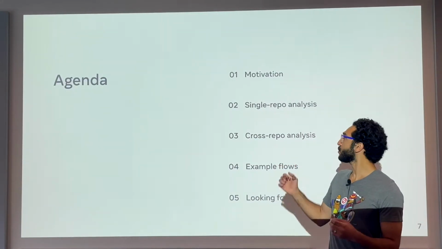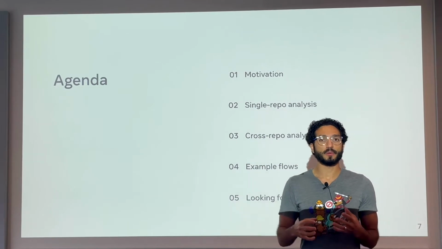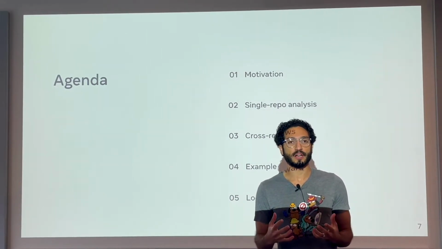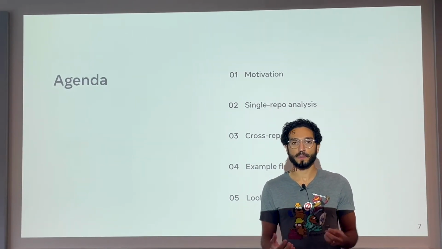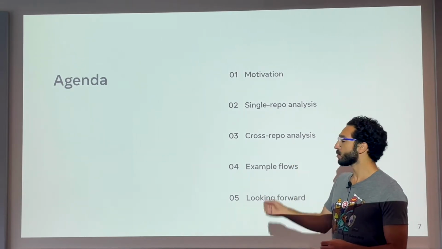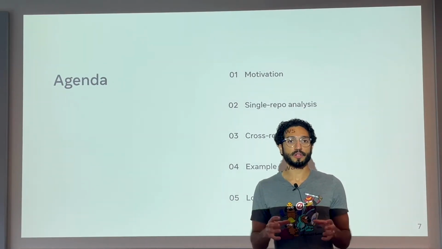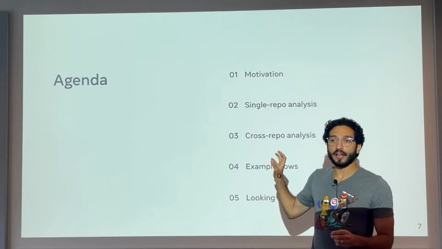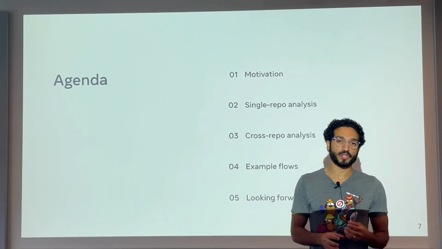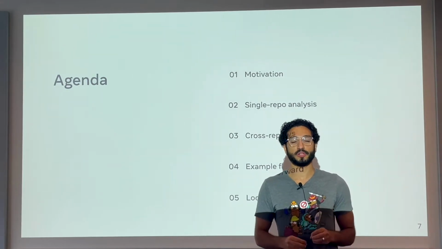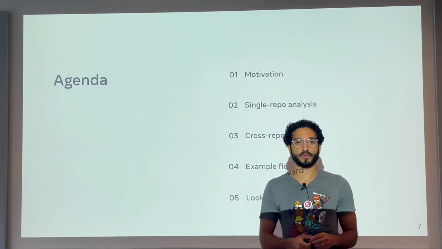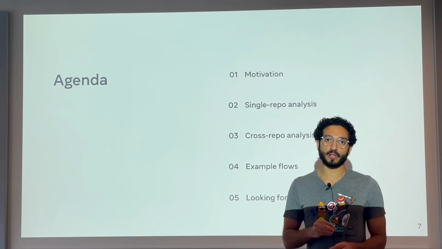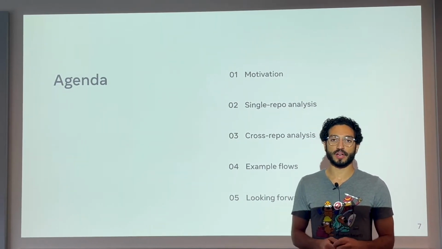With me out of the way, let's talk about our agenda for today. We'll first start with the motivation. Basically, we'll talk about how common this SQL injection example is, how common this code pattern is, and then we will go into single repo analysis. We'll take that SQL injection that lives in one code base and see how we can find this with taint flow analysis. In this section, we'll try to get the background information for the section after, cross-repo taint flow analysis, in which we will dive deep into taint flow analysis, and how we can find that SQL injection between 2 different code bases.